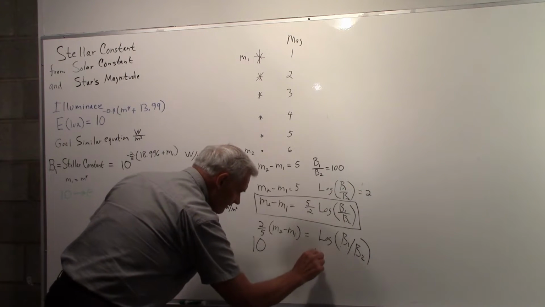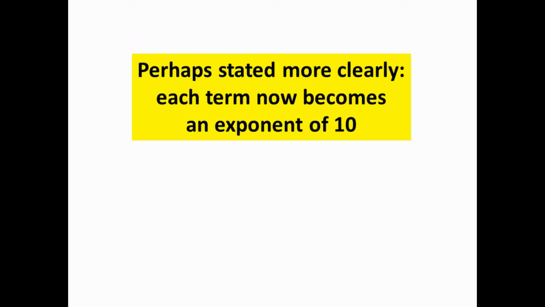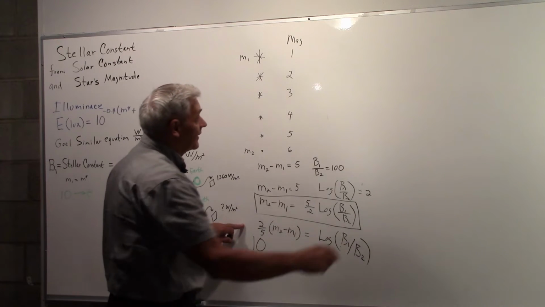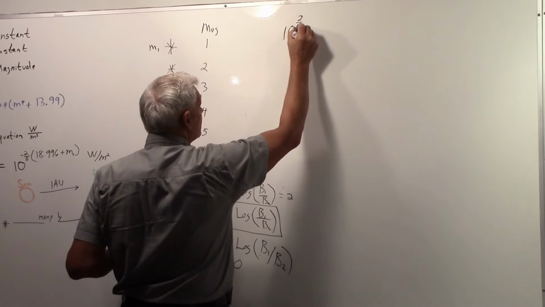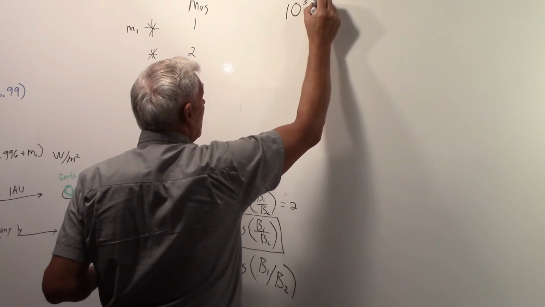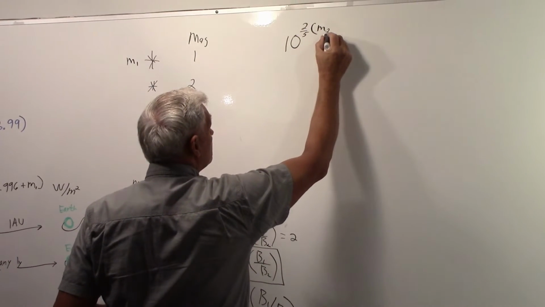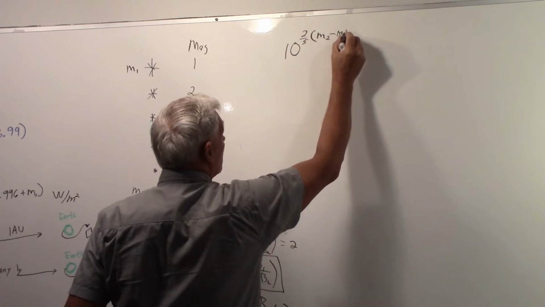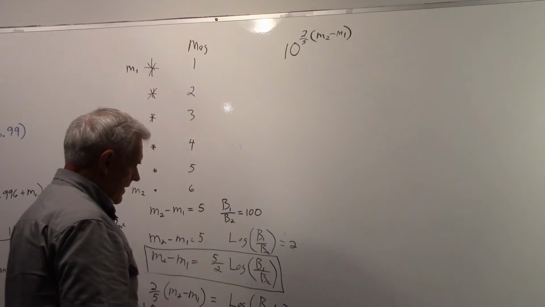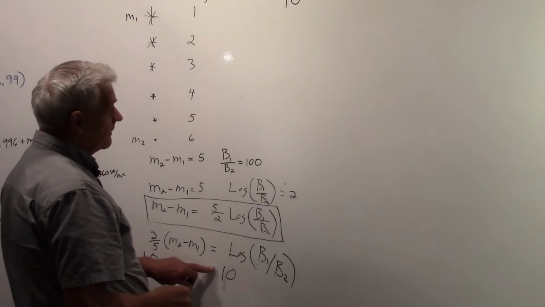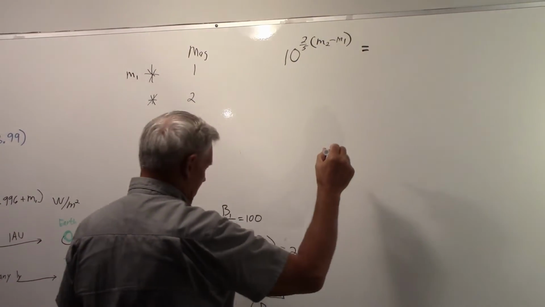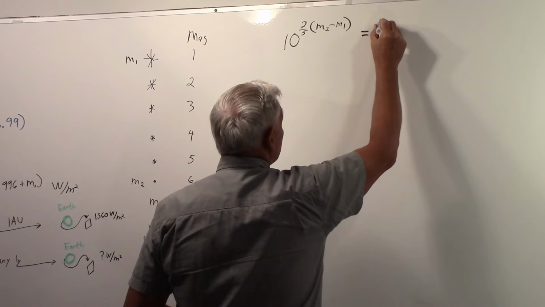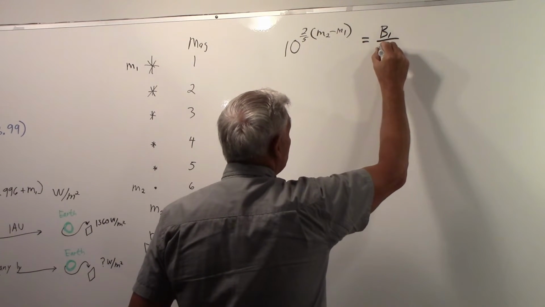So if we do that, then we would have 10 to the 2/5 of M2 minus M1, and on the other side, we would have B1 over B2.